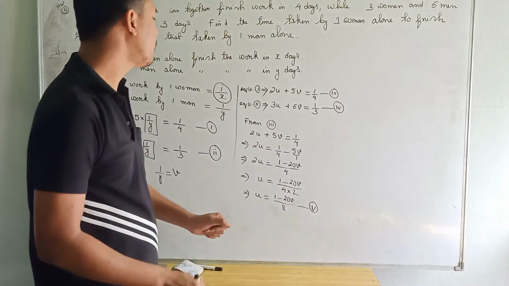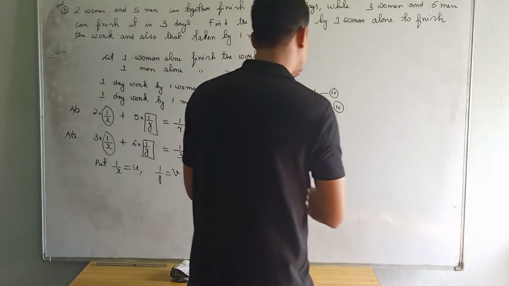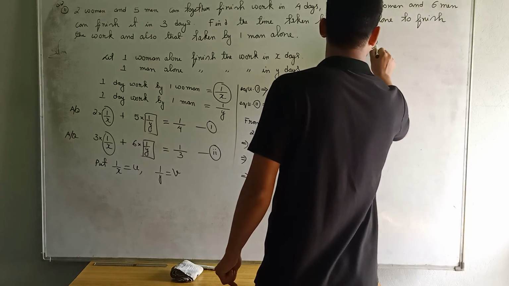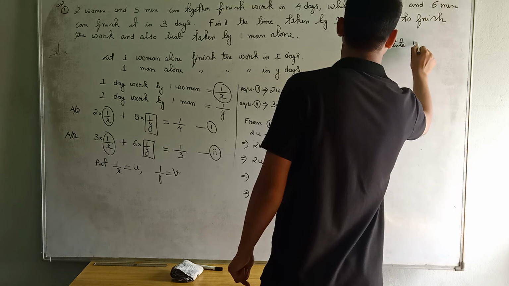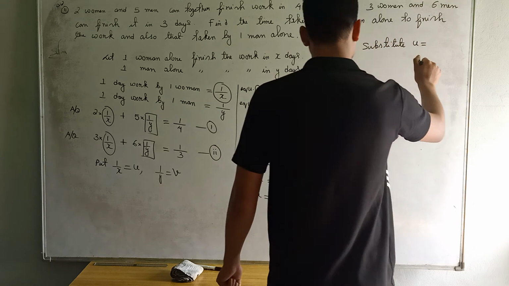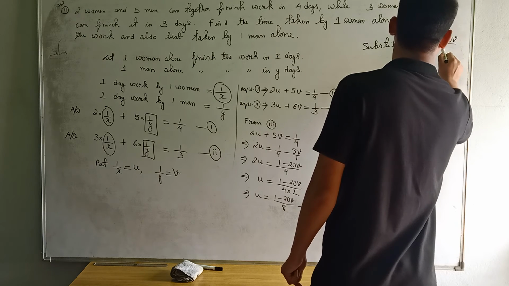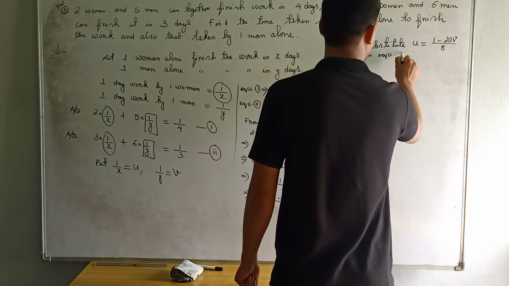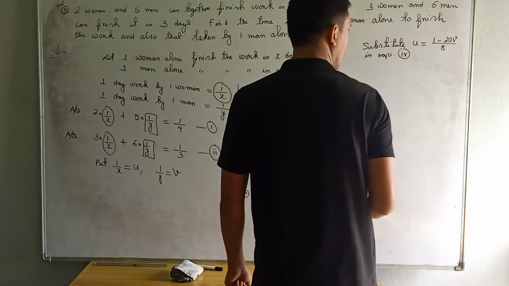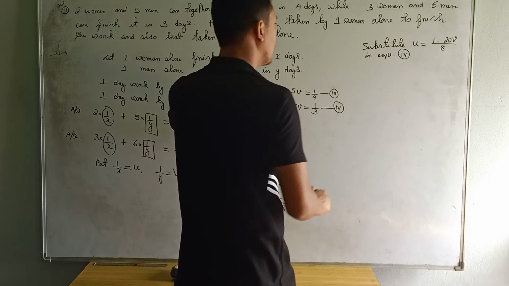So this value of u we will substitute in equation 4. So substitute u is equal to 1 minus 20v upon 8 in equation 4. Your equation 4 is 3u.